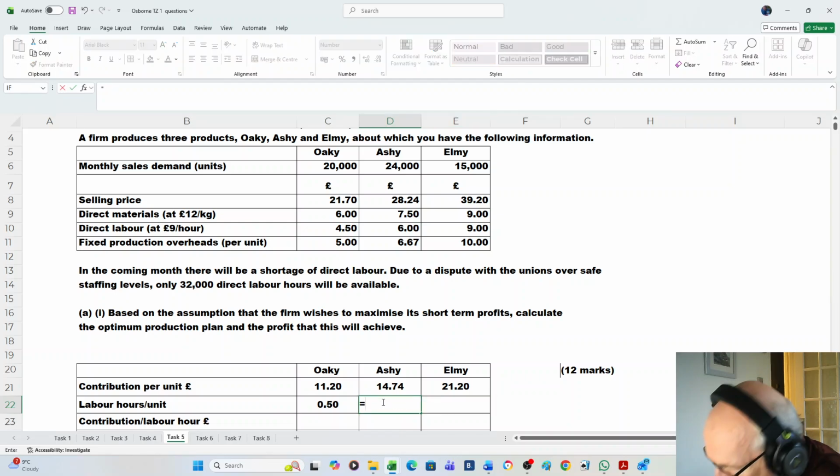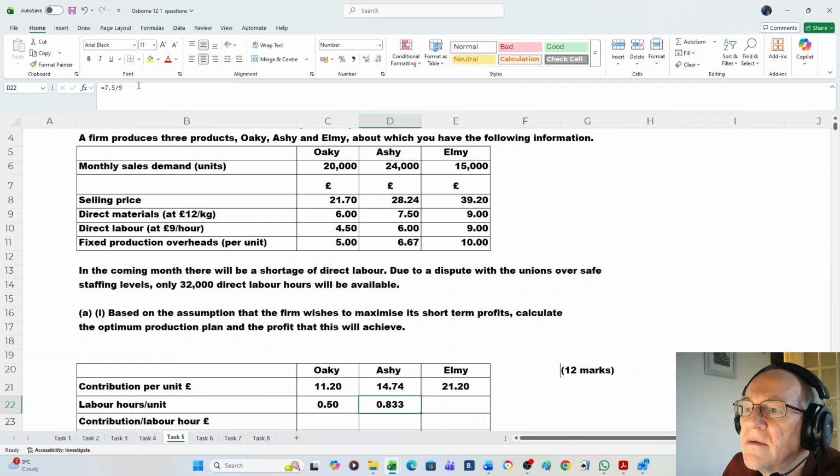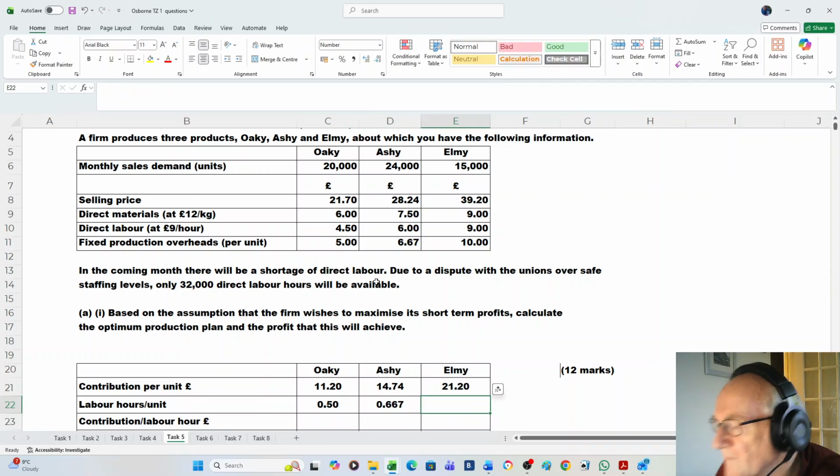Okay, equals hang on, 7.50 equals 6. Getting them over. That's better.